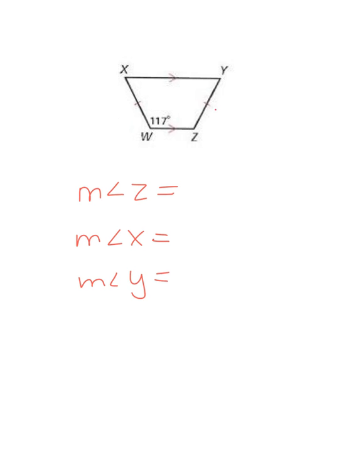And looking at our diagram, we know we have a trapezoid because we have markings that our bases are parallel. And we also know that we have an isosceles trapezoid because our legs are congruent. So we know that if angle W is 117, angle Z also has a measurement of 117 because base angles of an isosceles trapezoid are congruent.